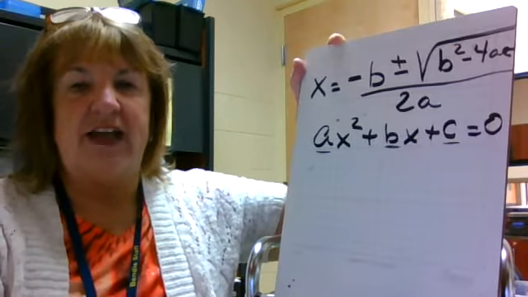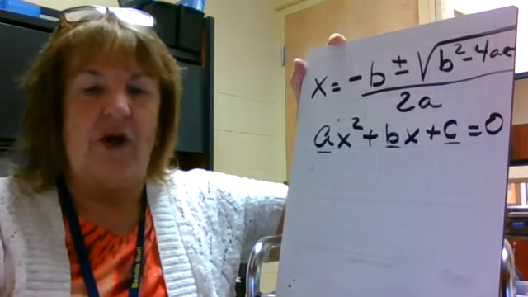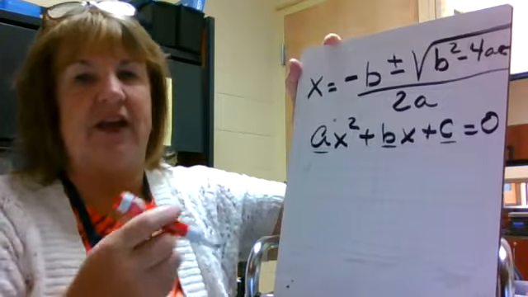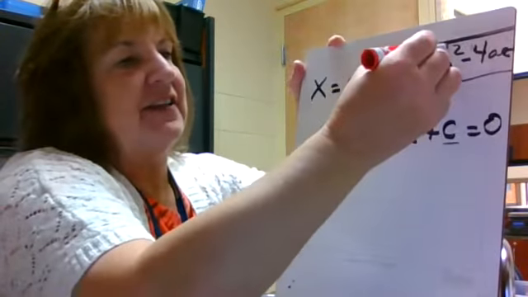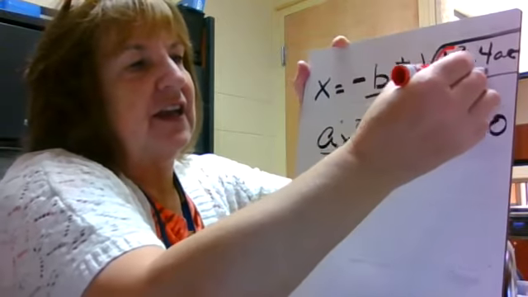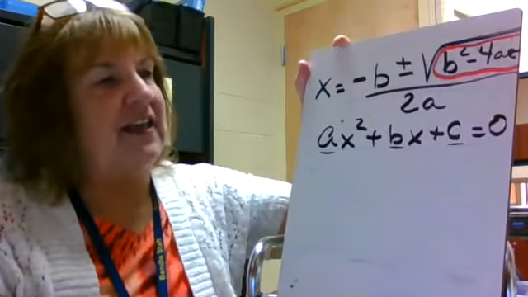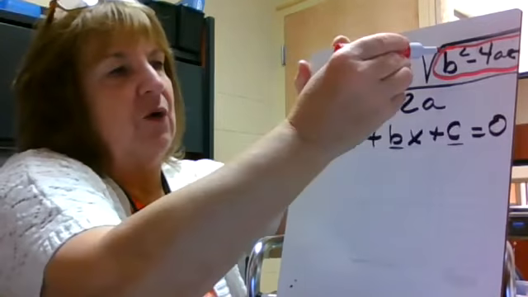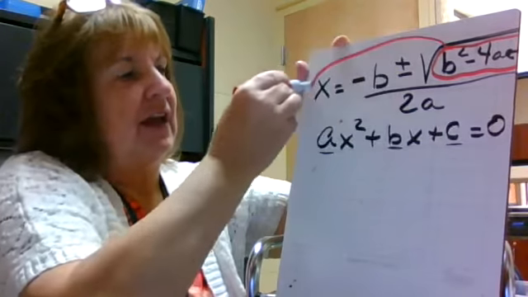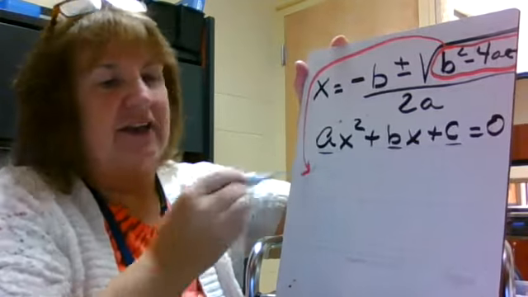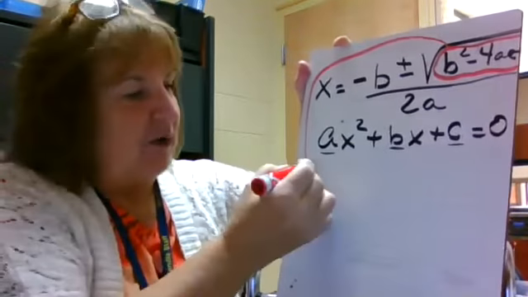Now, we're going to take a little look at one piece of this formula to start with, and that's this piece that's under the square root sign. We're going to take that piece and pull it out of the formula and look at it.